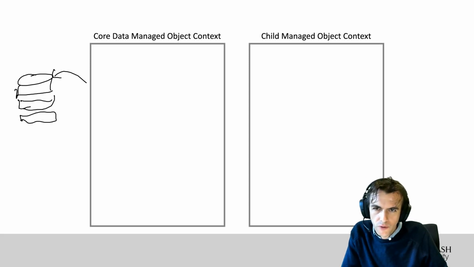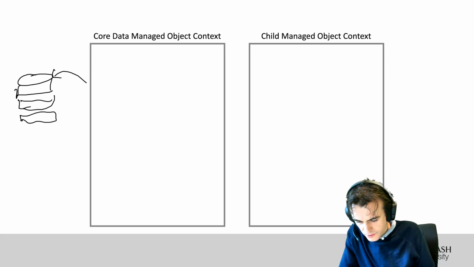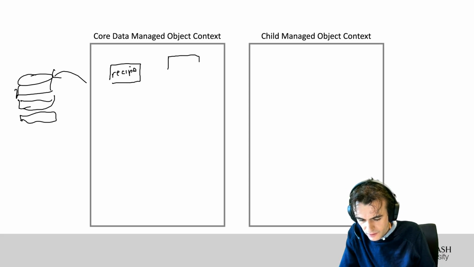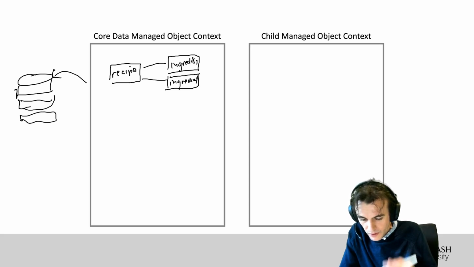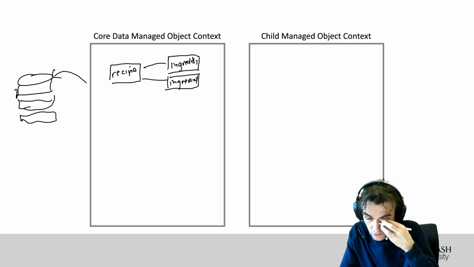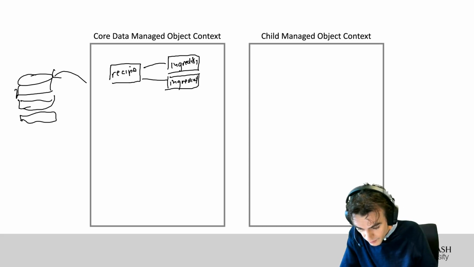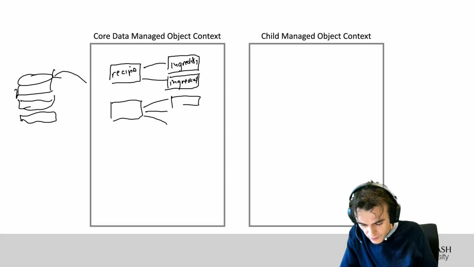And what we do in our managed object context is we create objects, so things like a recipe, and we create ingredients or ingredient measurements, and we connect these things. So we end up with a kind of object graph, if you like, and we might have many different recipes and many different ingredients.